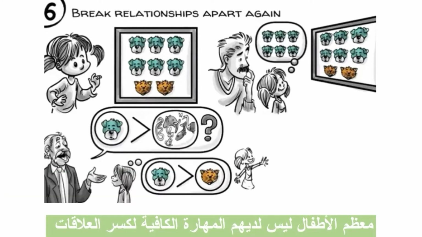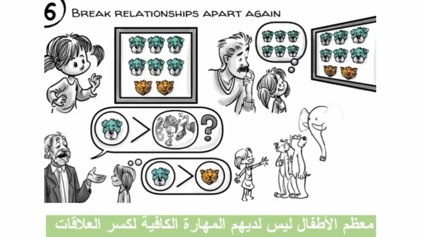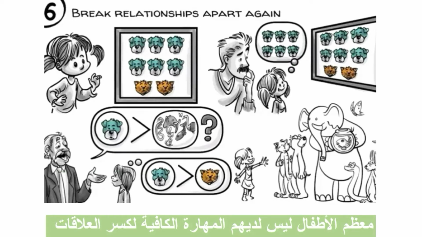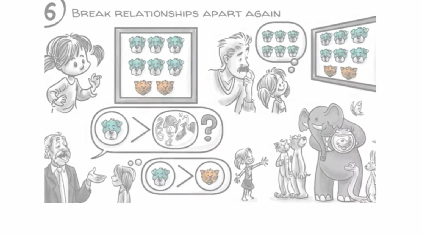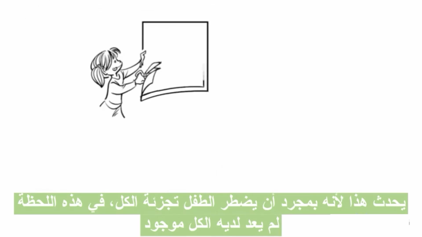At age 5, most kids didn't practice enough math to break hierarchical relationships apart while still remembering the whole. This happens because once the child has to cut the whole into parts, for them, at that moment, the whole no longer exists.